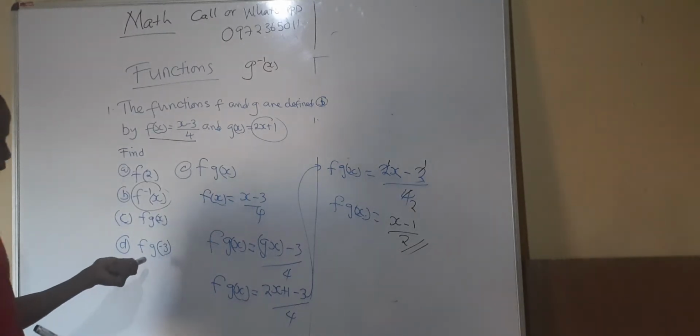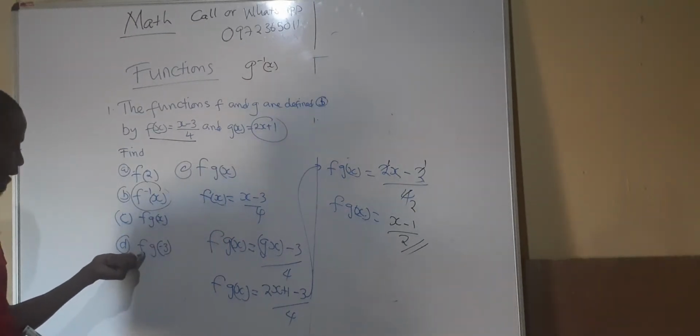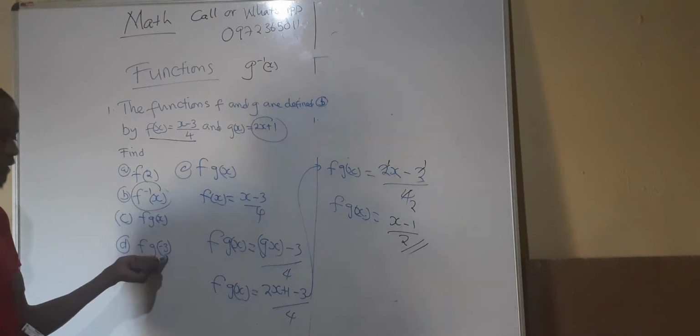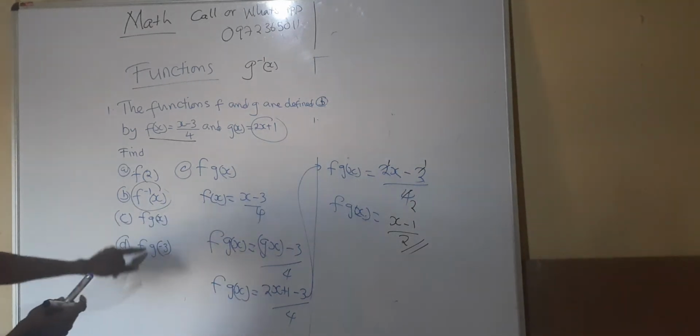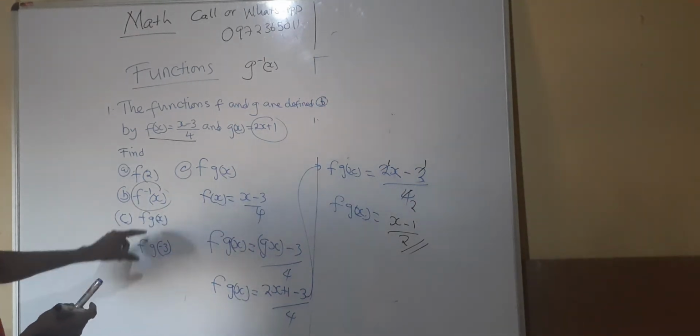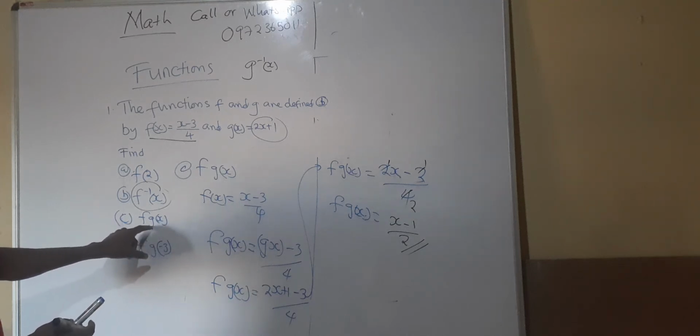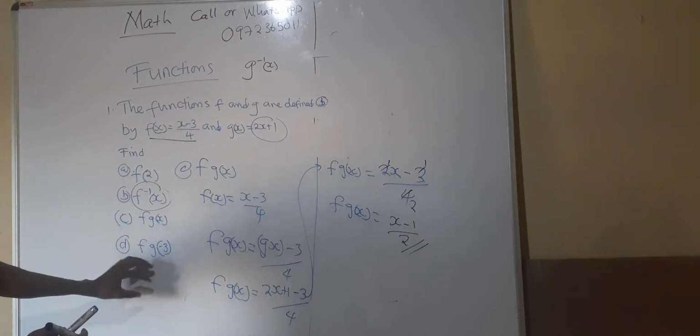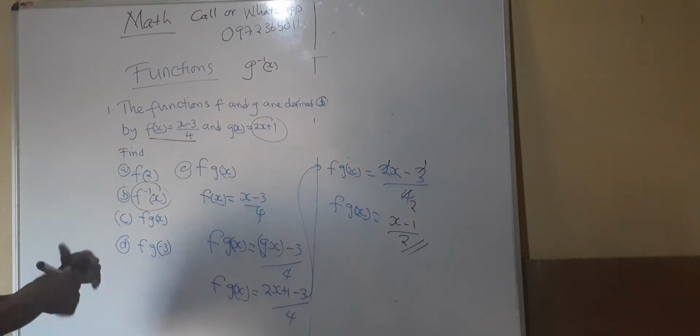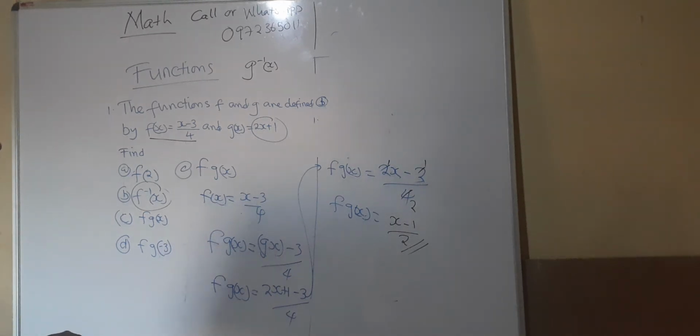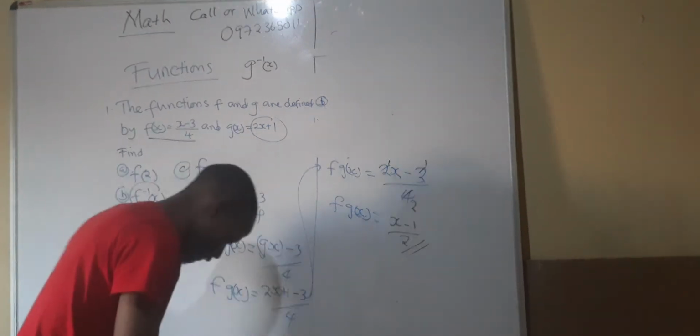Okay. The last question, finally, fg of negative 3. If you have checked this one, it is similar, therefore it's a continuation from where we ended here. We have to continue by replacing where there is x with the value of x.